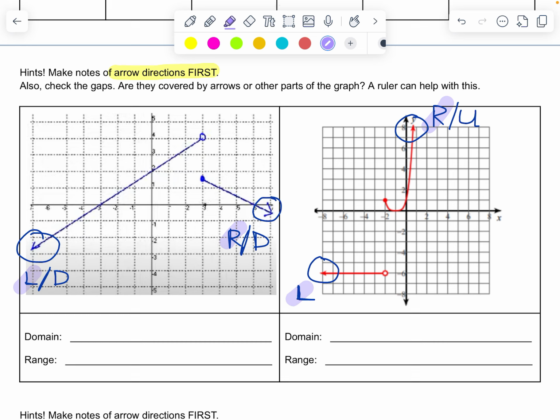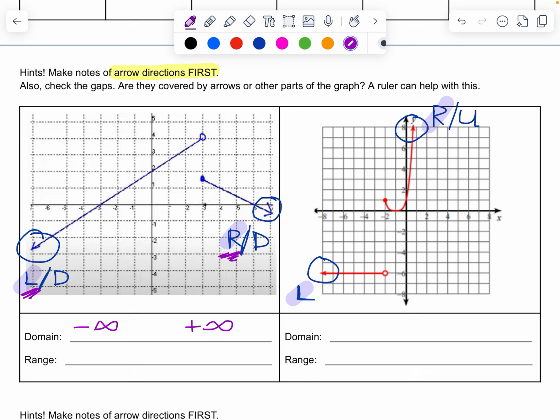So it is fair for me to say that if I have something going to the left, then on the left side of my compound inequality for domain, it is going to be negative infinity. The same thing for the right. If I'm having something travel to the right, then I know that this is going to travel to positive infinity.